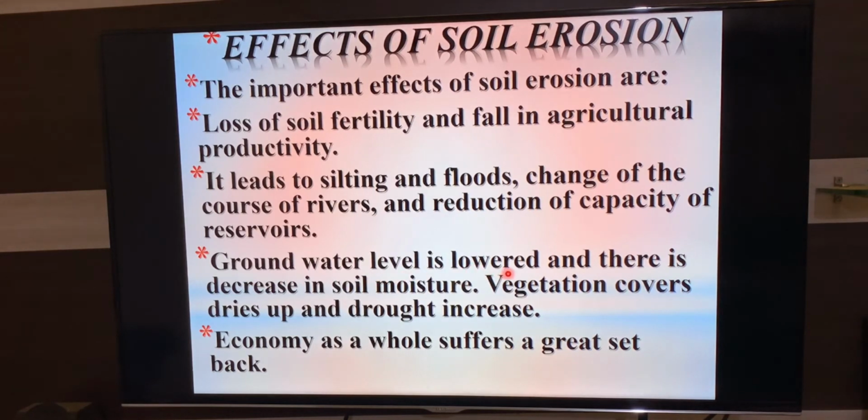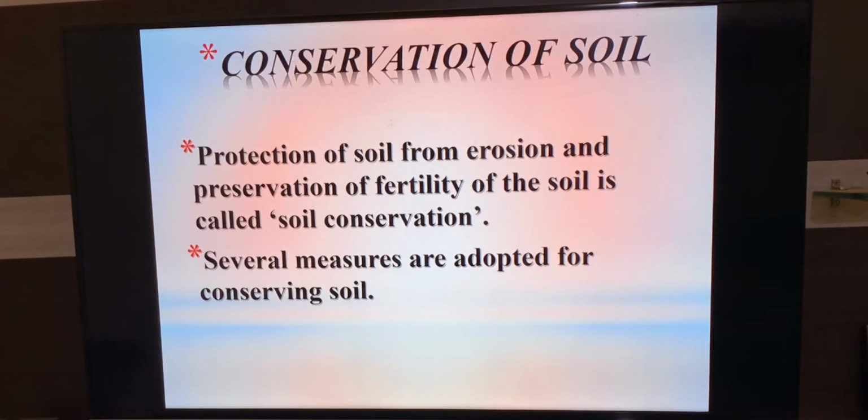Groundwater level is lowered and there is a decrease in soil moisture. Vegetation cover dries up, and drought increases. Overall, you can see that our economy suffers due to the effect of soil erosion. Next, we will learn about conservation of soil.